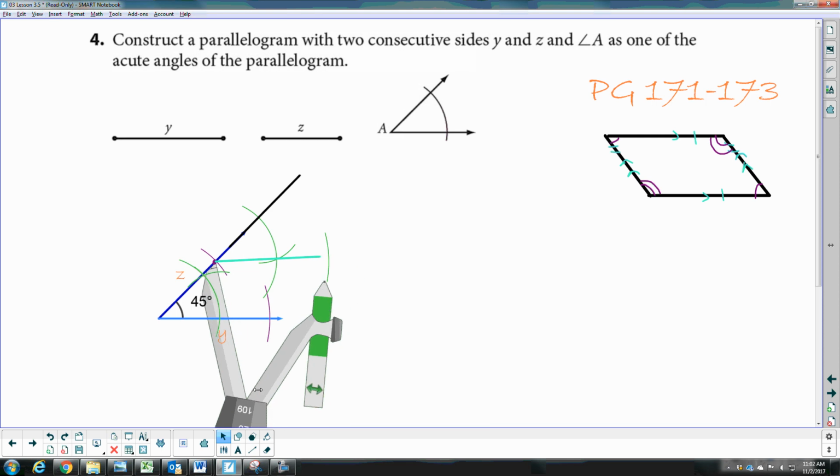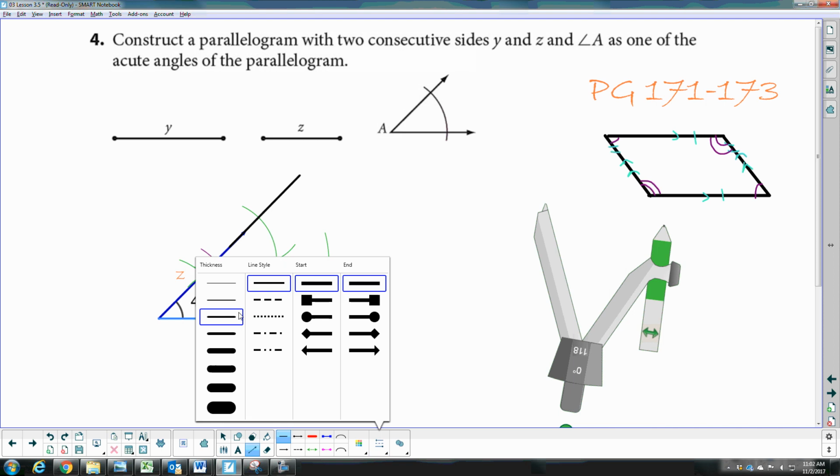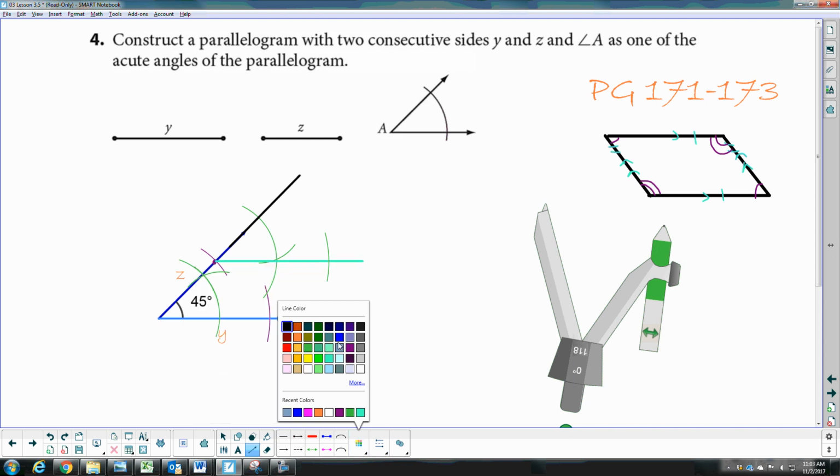And again, if your segment isn't long enough, you need to extend it. And then my last one is I connect my 2 endpoints, so my 2 endpoints of segment y together. And I'm going to use darker blue for that.